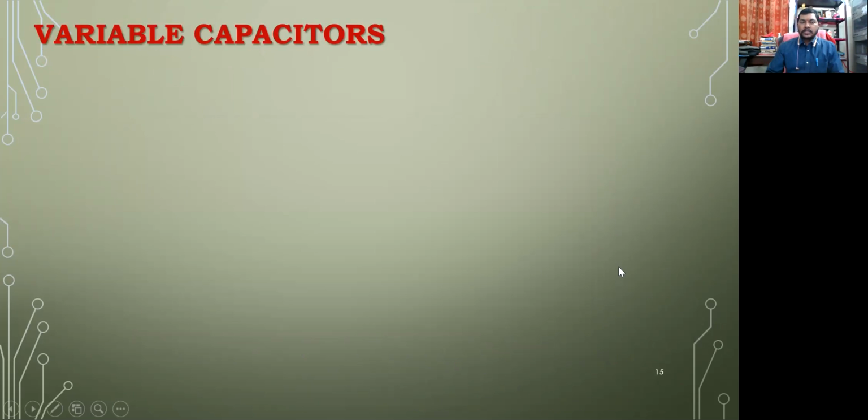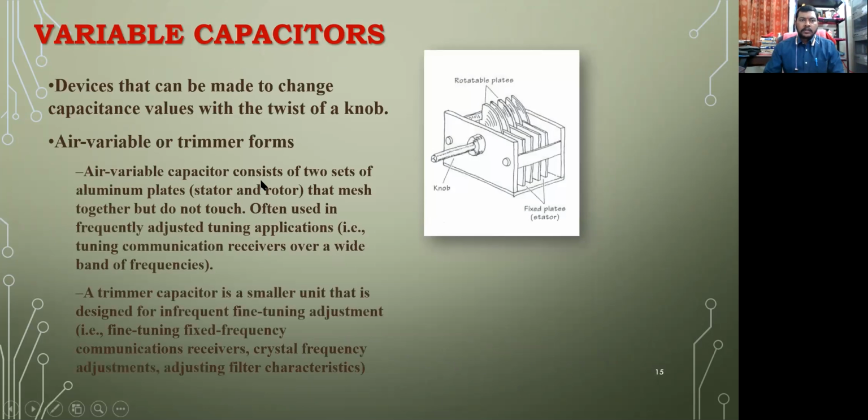Lastly, we need to touch on variable capacitors. Now remember, what is a variable capacitor? The capacitance of a capacitor can be changed by using some sort of arrangement. Then that particular capacitor is called a variable capacitor, right? For example, devices that can change the capacitance value with the twist of a knob. If you are able to see, this is a particular arrangement, and these are the rotatable plates, which are moving.